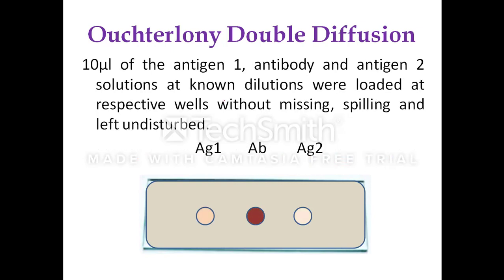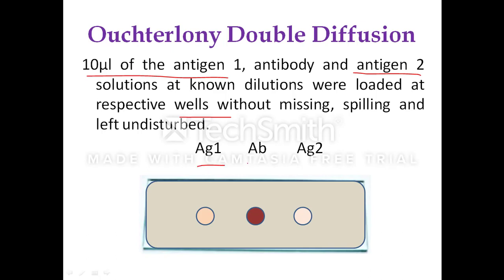The known concentration, or known dilution, of antigen 1, around 10 microliters, and antigen 2 solution, around 10 microliters, were loaded in the respective wells without spilling, and they will be left undisturbed. And the antibody solution will be loaded at the center.